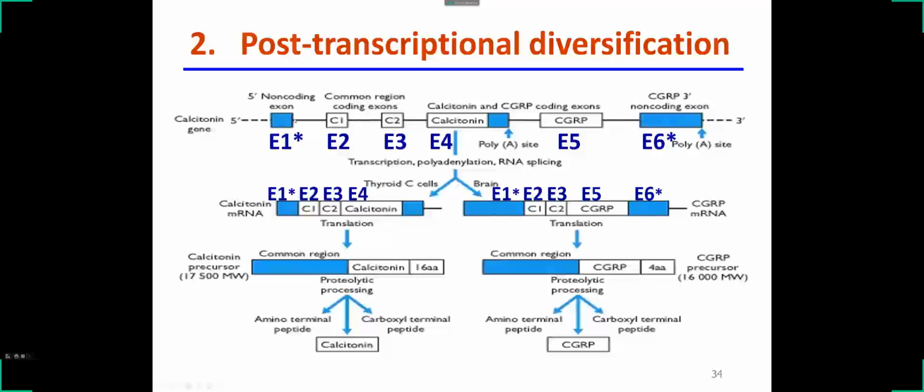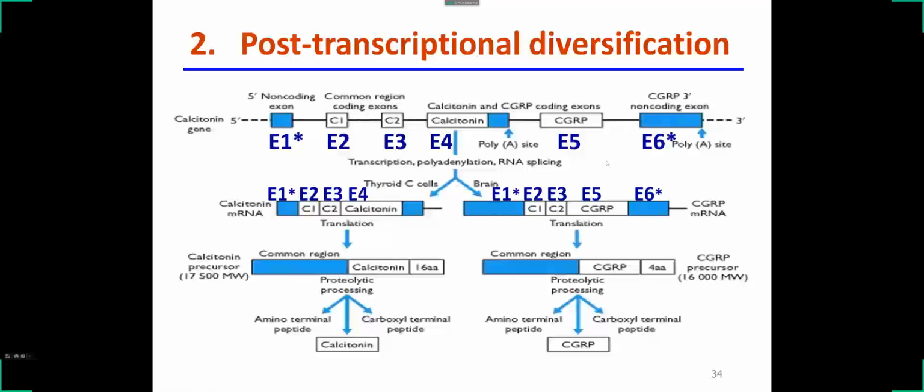You see here, you've got a non-coding exon E1, coding exons E2 and E3, a calcitonin-encoding exon E4 and a CGRP-encoding exon E5, and then a non-coding exon, E6, at the end.